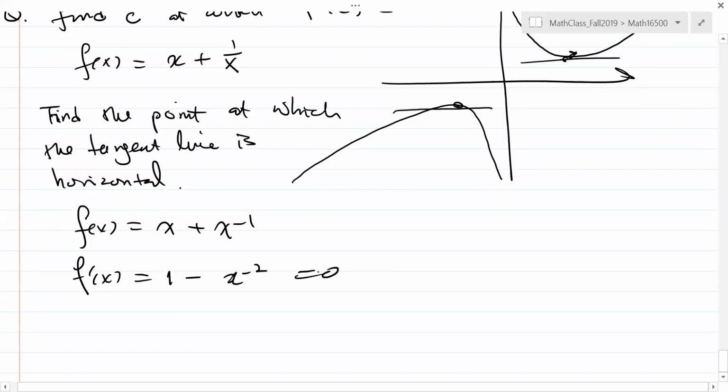So can you solve it? Try. 1 minus x to the negative 2.